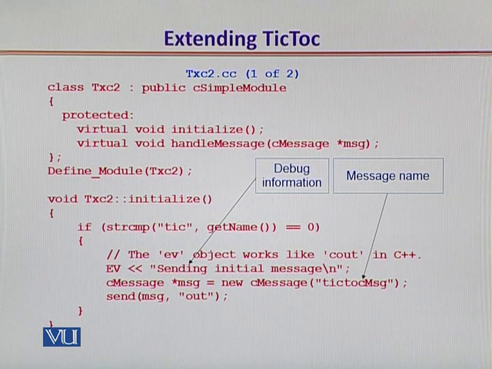That is, here we have the debug information that will be shown to you in the TK environment, such that if the tick node is going to get an interrupt for sending out the message, it is going to assign this, under quotes, "Sending initial message", to a variable called the environment variable. This environment variable is going to be displayed onto the screen when the simulation starts, and then the message will itself carry a name called TikTok message.